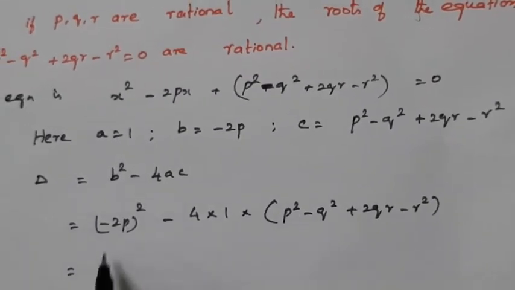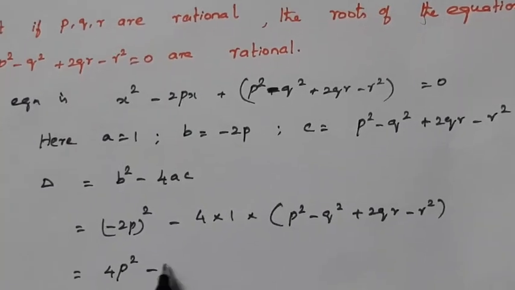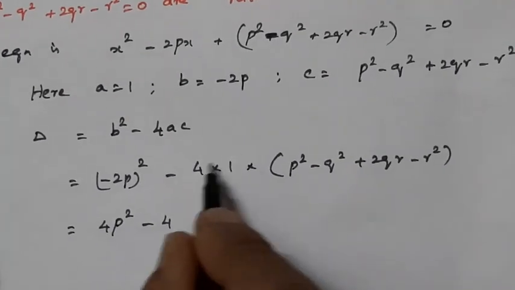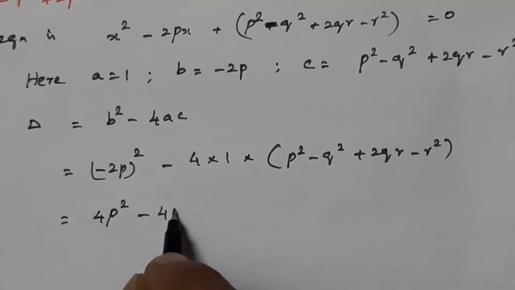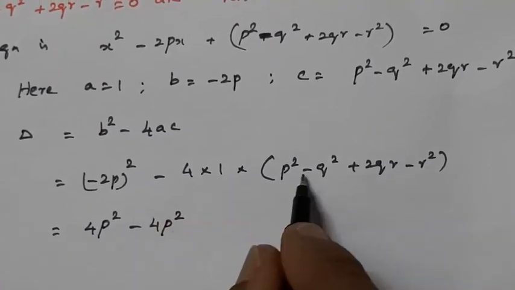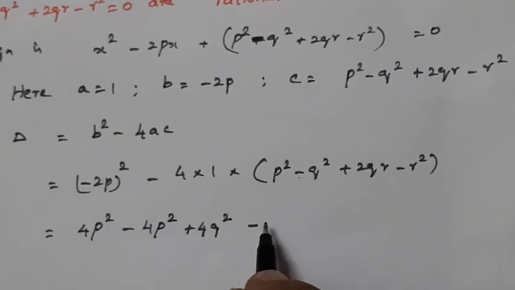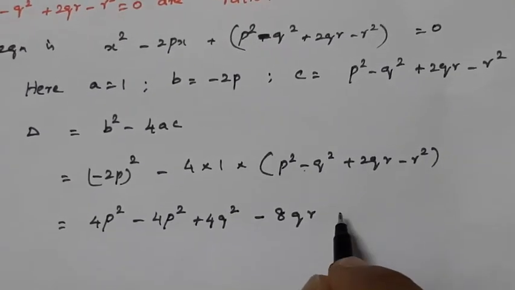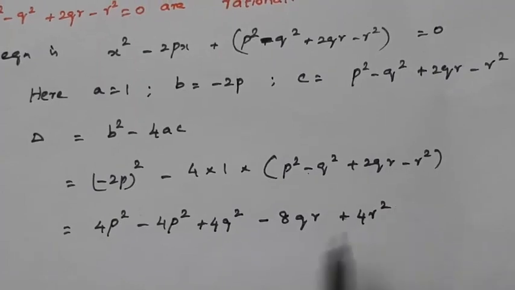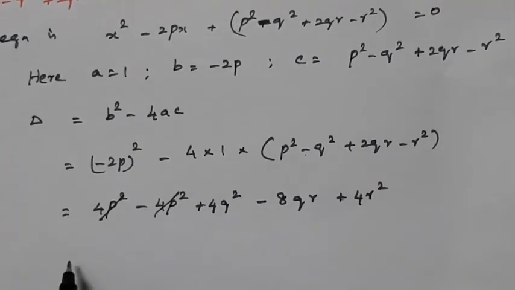So this will be 4p squared minus 4 into, let us multiply 4 throughout, so we have 4p squared minus 4p squared, minus 4 into minus q squared is plus 4q squared, then minus 8qr, then plus 4r squared. And here these two terms get cancelled.